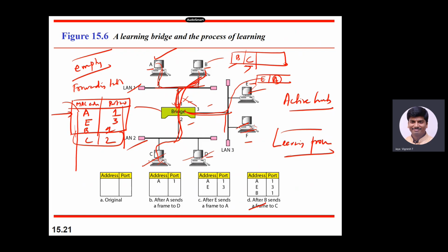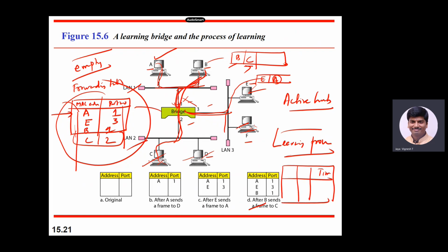It's very dynamic, to ensure that if a station is moved from one LAN to another LAN, the forwarding table can still be updated. So there is an additional column that you maintain in the table, which is basically a timer. Every entry in this table is going to have a timer value because you need to keep updating the entries.